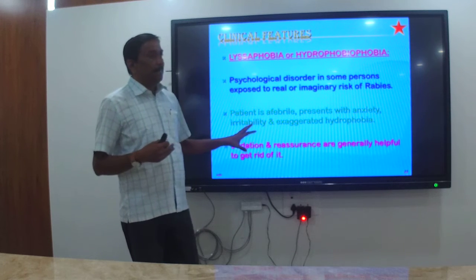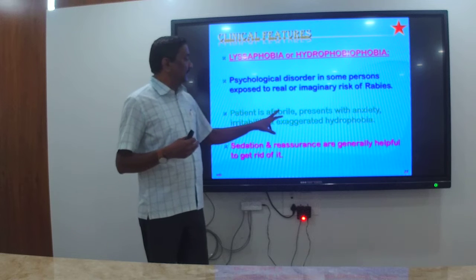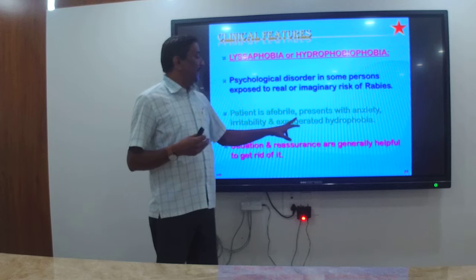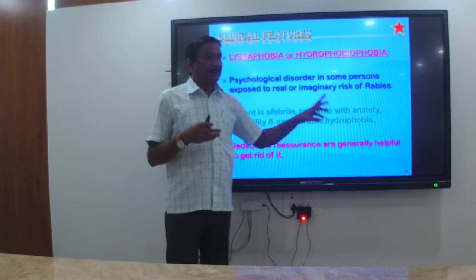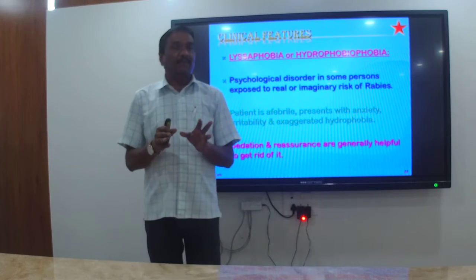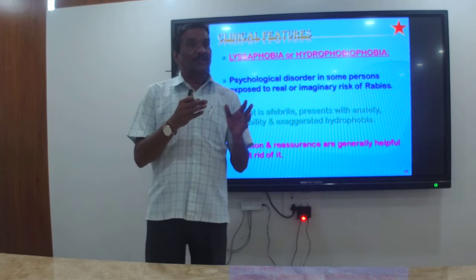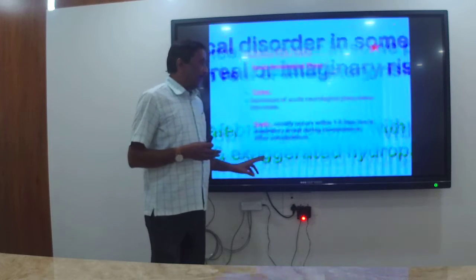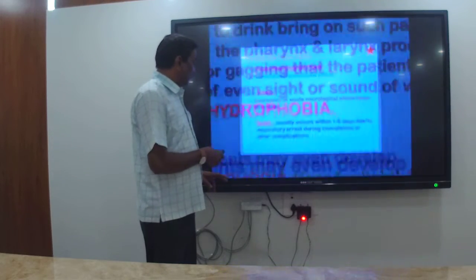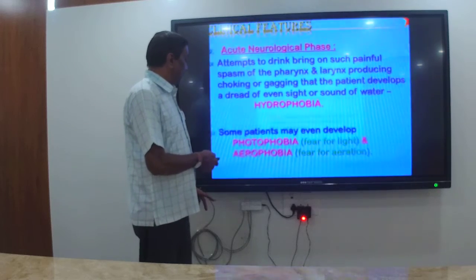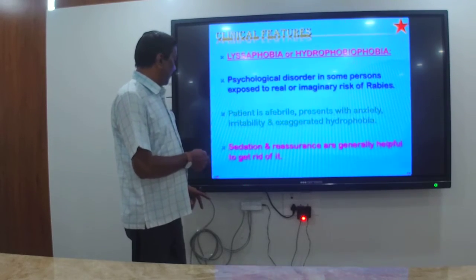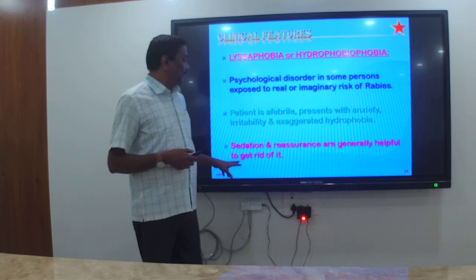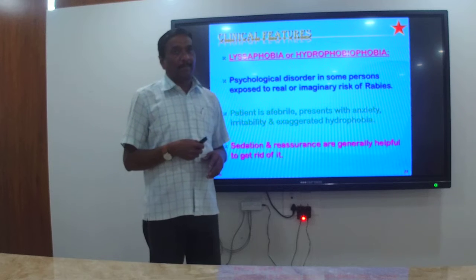Now, in this case, the person may be afebrile, but he shows anxiety, irritability, and exaggerated hydrophobia. Such a person who has not been infected but still has the features of hydrophobia may be taken care of by sedation and reassurance, which are generally helpful to get rid of this feature.